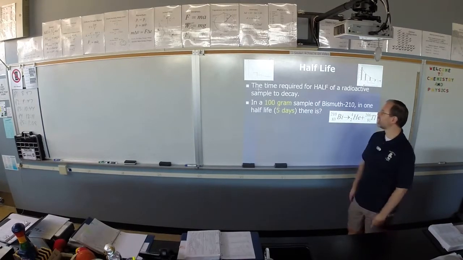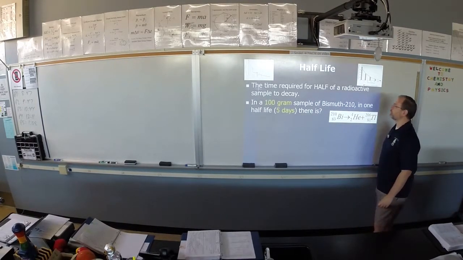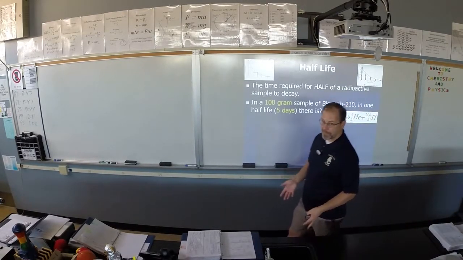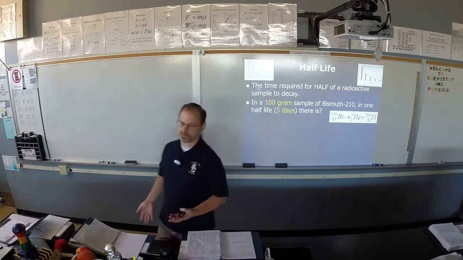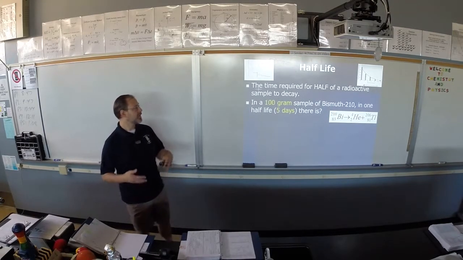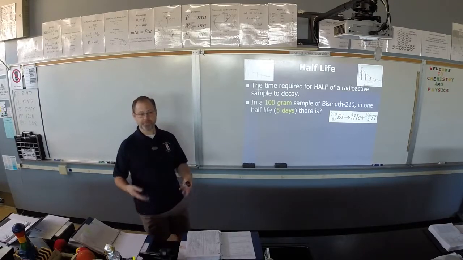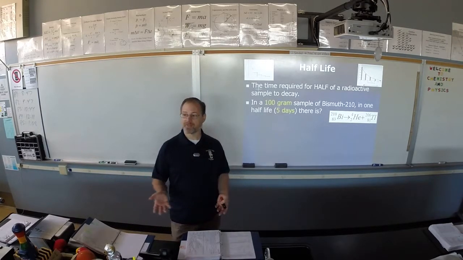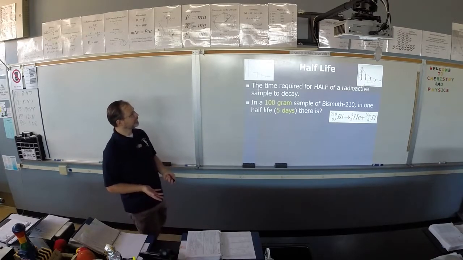For instance, in a 100-gram sample of bismuth-210, in one half-life, which happens to be 5 days, how much would you expect to be left over? 50, okay? So in one half-life, 50 grams of the 100 grams get decayed. That's what half-life means.